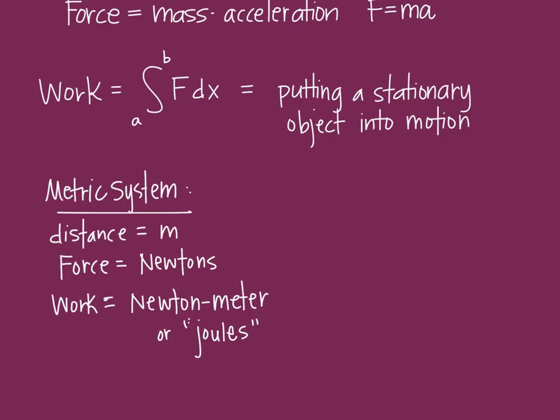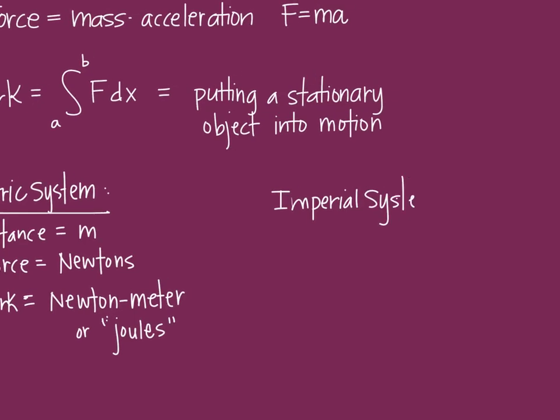Okay, the American system. Does it have a name? Imperial. What is it? Imperial. Are you sure? Maybe. I don't know. I thought it was the empiric method and the imperial. I thought it was E, but it's I. All right. The imperial system. So in the imperial system, distance is measured in feet. That's our common unit. Force is measured in pounds.